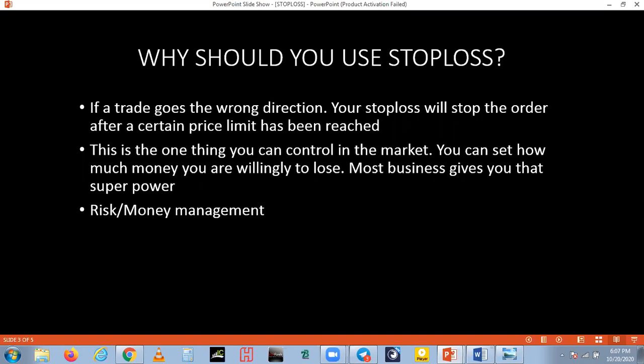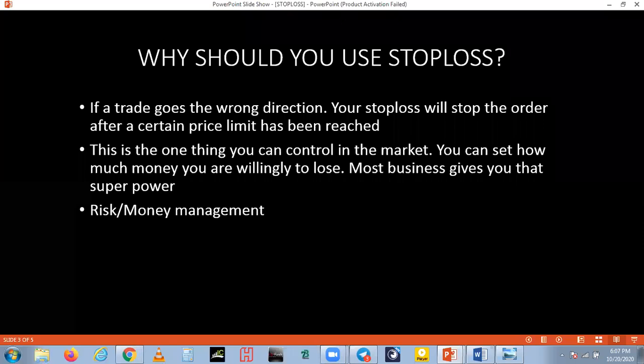So when you set your stop loss on a trade, what you're saying is, I'm only okay with this kind of loss. I don't want to lose much. So once the trade is going against you, let's say you buy and the trade is selling, which means it's going against you, there's a limit you set on your MetaTrader 4, so you won't lose more than what you expect to lose based on what you've set for yourself.